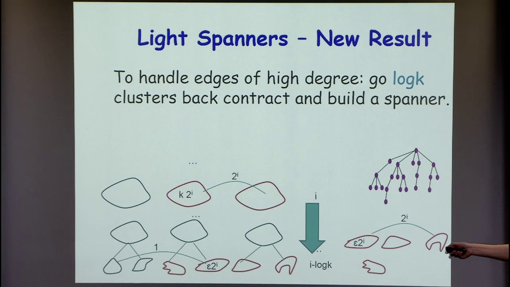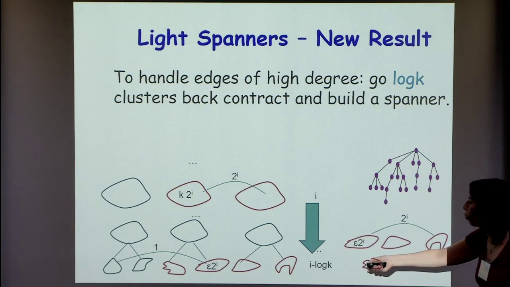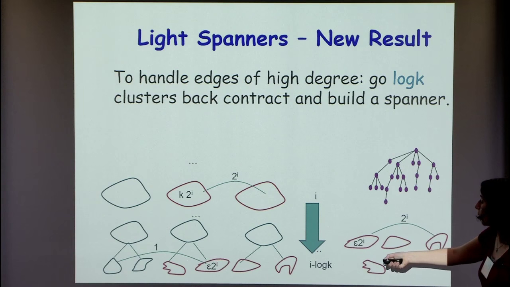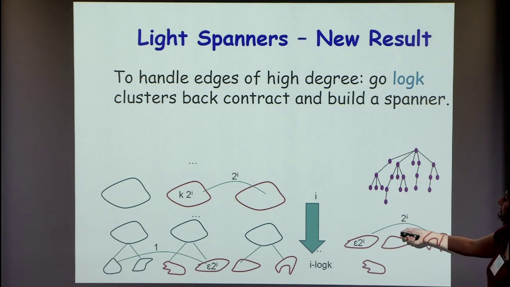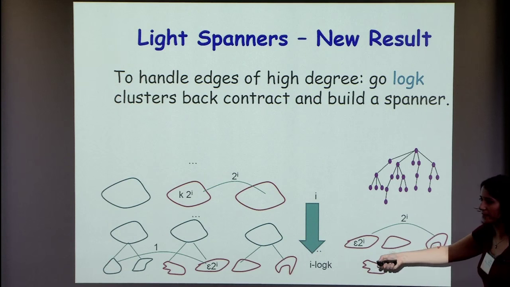For each such cluster, I know it's a union of some clusters of level i minus log k. And I will take these small clusters that are contained in these big, heavy clusters, and I will put them aside. Okay? And now I will construct a spanner on these clusters.